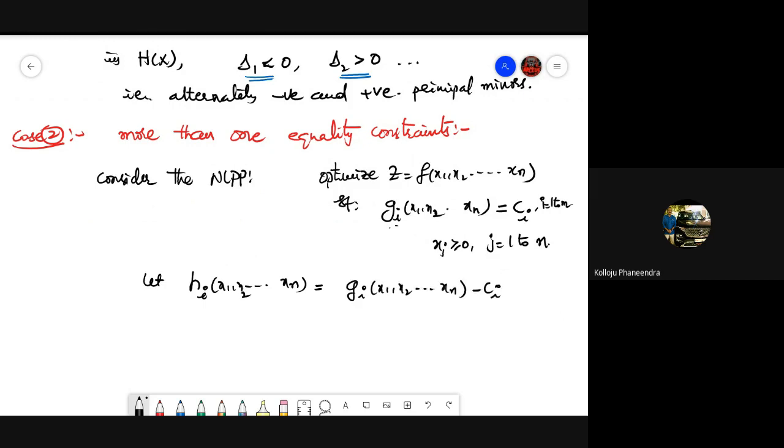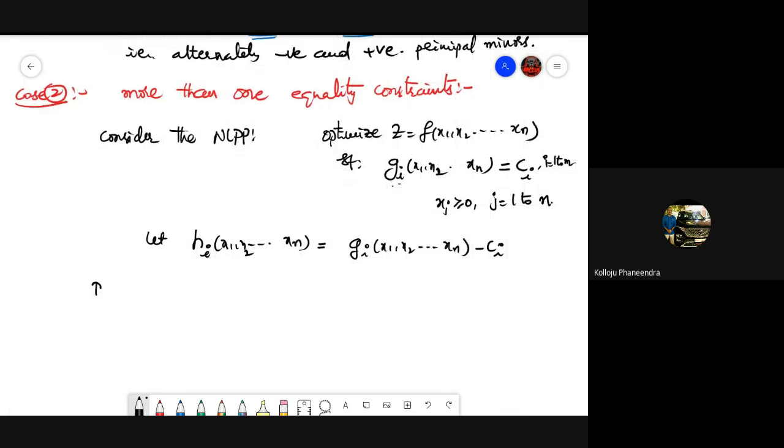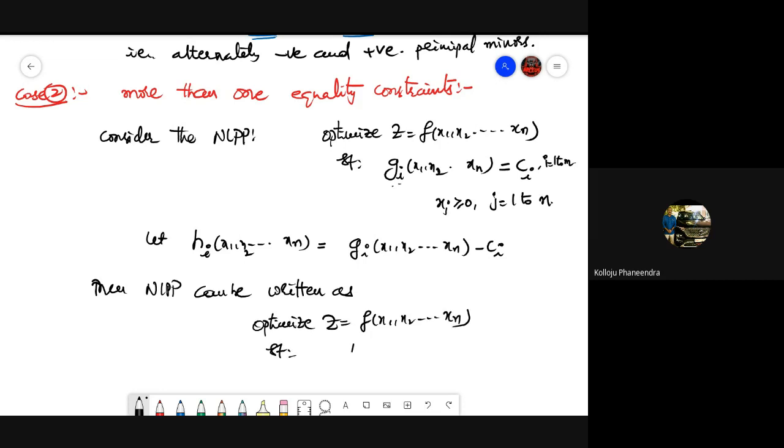Then the NLPP can be written as: optimize z equal to f of x1, x2, xn, subject to hi of x1, x2, xn equal to 0, for i equal to 1 to m, and all the variables xj greater than or equal to 0, j is 1 to n.